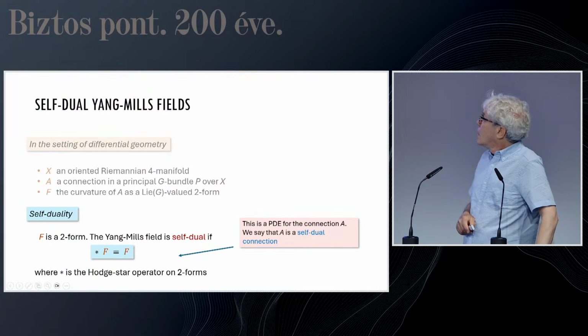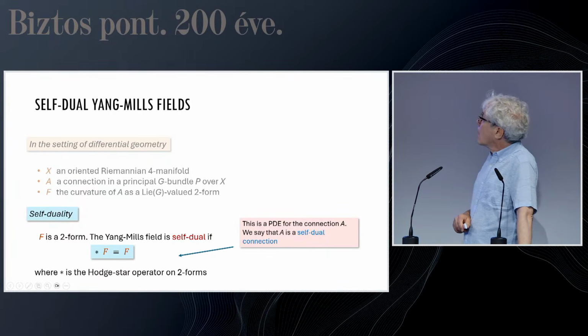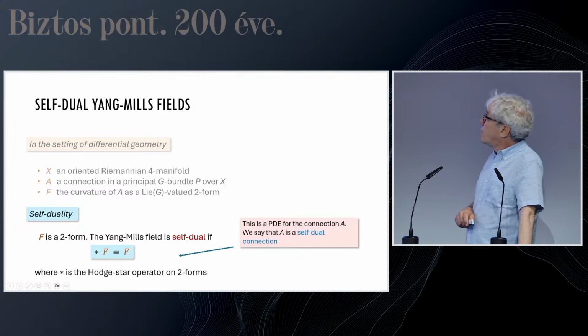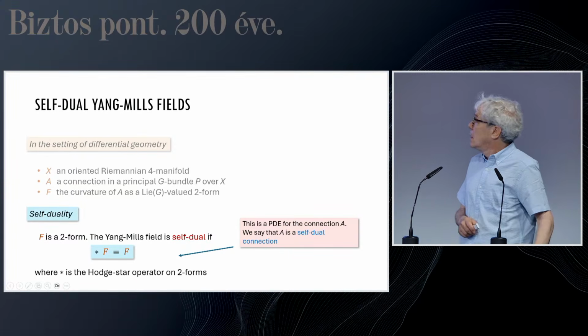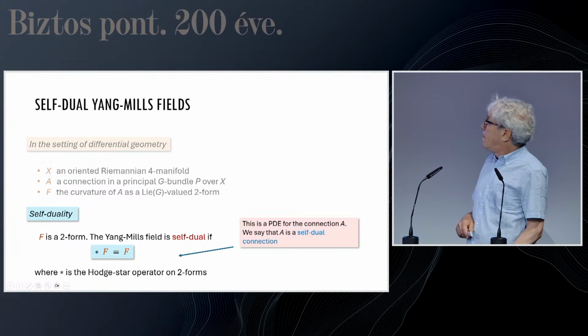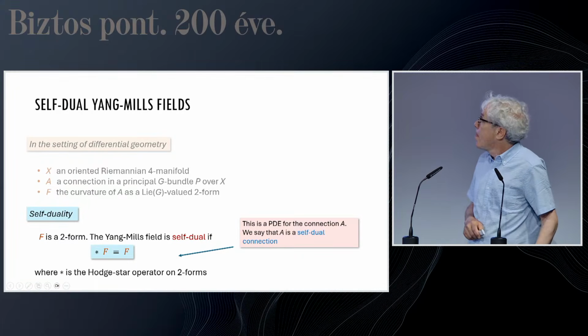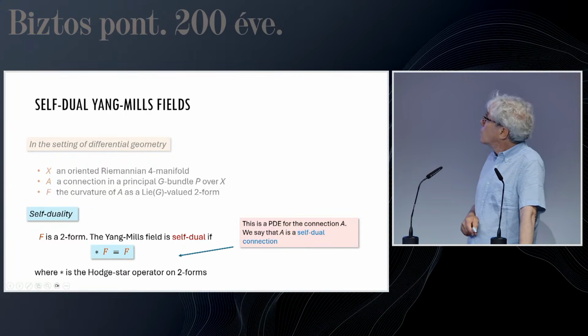So it's a partial differential equation for A. It's a first-order equation, in the sense it involves first derivatives of A, but it's a nonlinear first-order equation because quadratic terms appear in the expression for F. So we say that F is self-dual, or with an abusive notation, we perhaps say A is a self-dual connection on the four-manifold if this equation holds.